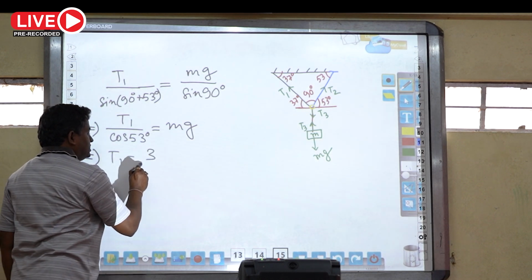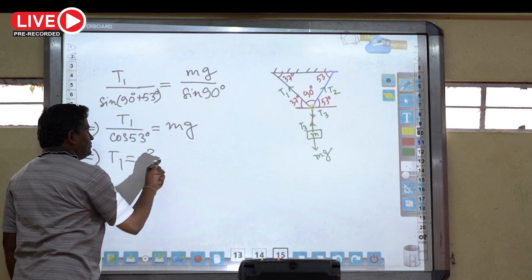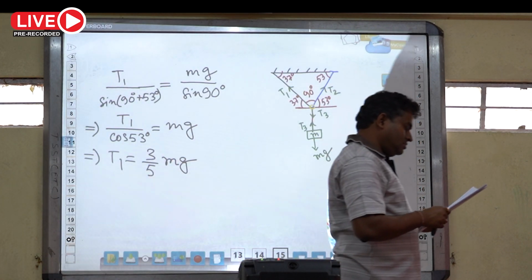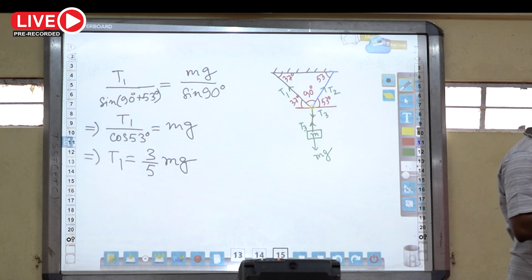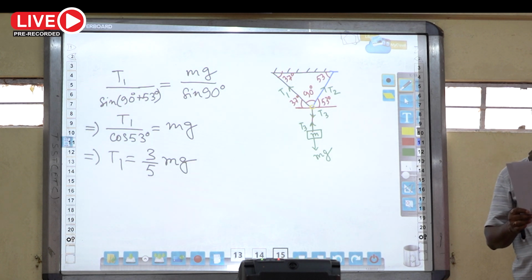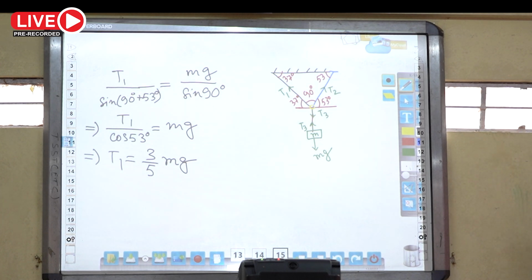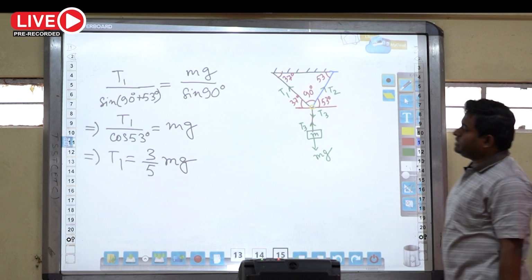So it will be 3 by 5. Now put the value of m. m is 10, g is 10. So it will be 166.7 N.